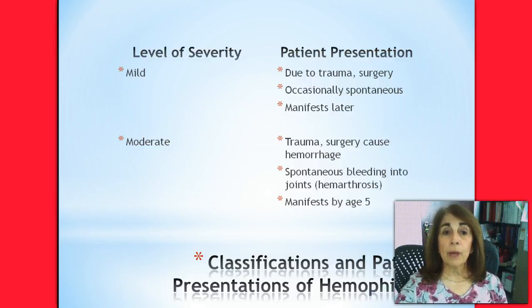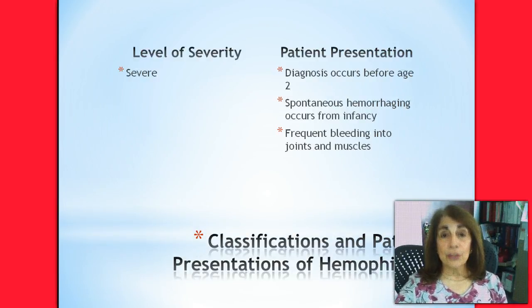Compare that to moderate severity hemophilia A, manifest by the age of 5, usually found in cases of trauma and surgery, which cause hemorrhaging. There is also spontaneous bleeding into the joints, or hemarthrosis.